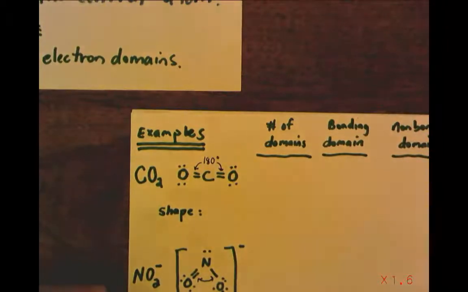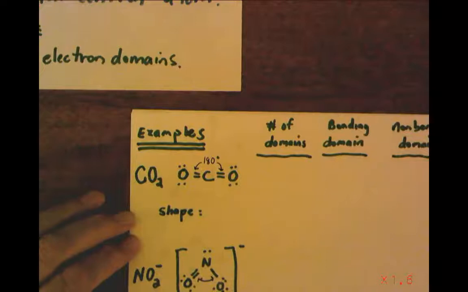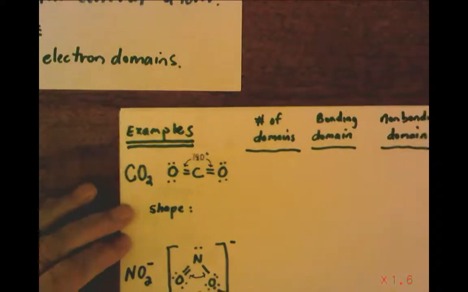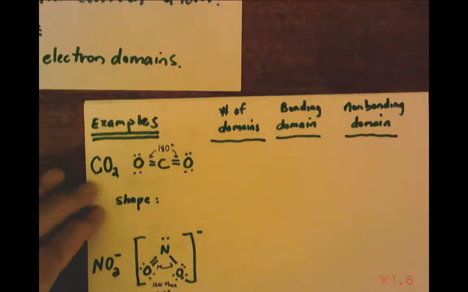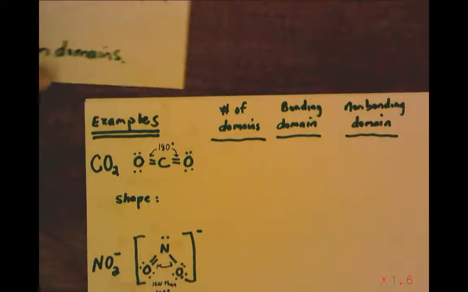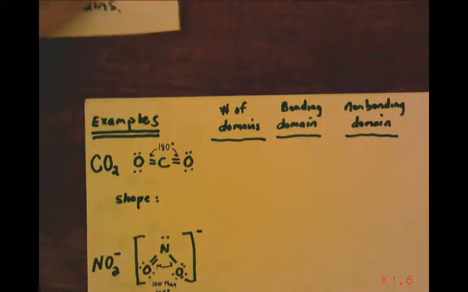But we do have elements in our periodic table that do break the rules. Remember when we were drawing Lewis structures, okay, we saw some molecules having more than an octet around that central atom. Okay, so that's why you want to be able to count the domains.